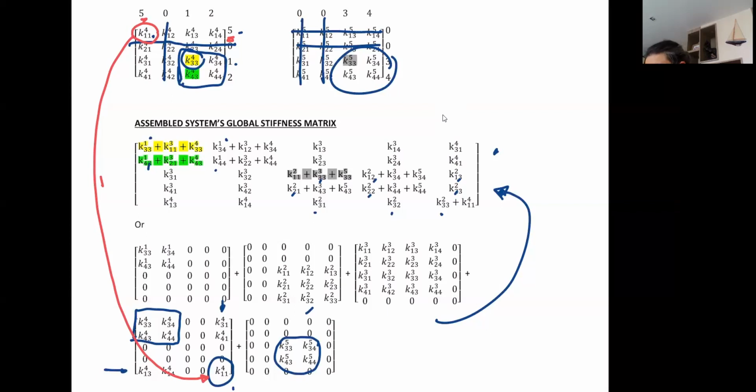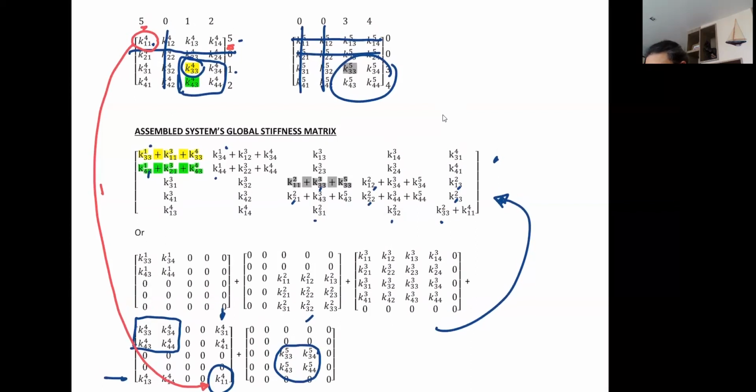Let's give more examples so that you see a better picture. This is the K33 of element number 5, or member number 5. It says 3, 3. So this one comes to the 3rd row, 3rd column. See how easy that is?